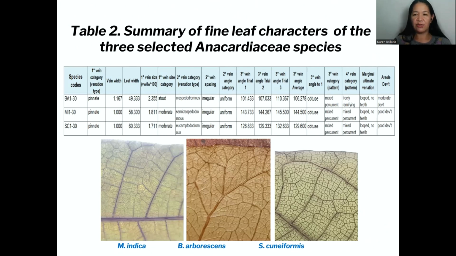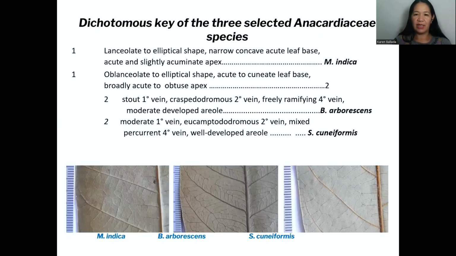But I would just like to show you the dichotomous key that was generated from these three selected Anacardiaceae species. Mangifera indica can easily be delineated from the other two in terms of its leaf shape, that is lanceolate to elliptical, a narrow concave acute leaf base, and acute and slightly acuminate apex. Then you can distinguish Buchanania arborescens and Semecarpus cuneiformis in terms of their primary vein.